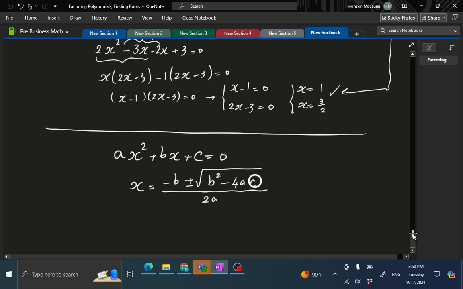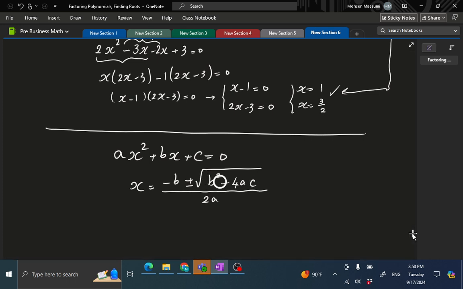Of course, if we pay attention to what is under the square root, we can detect three cases. If this is positive, or 0, or negative. If it is positive, then we'll have two different roots. If this is 0, both roots are equal to minus b over 2a.